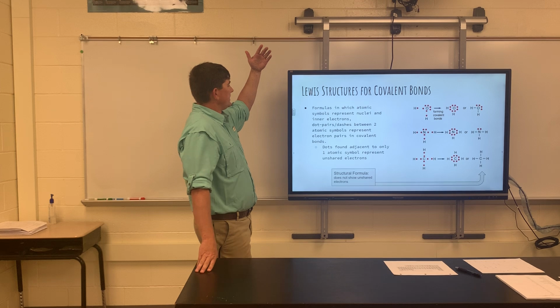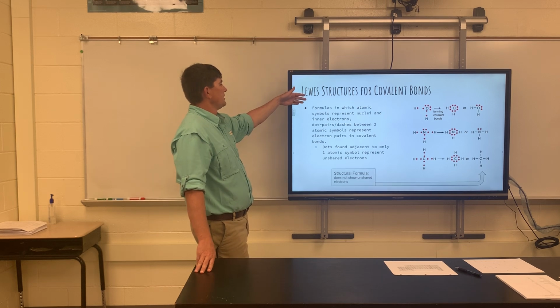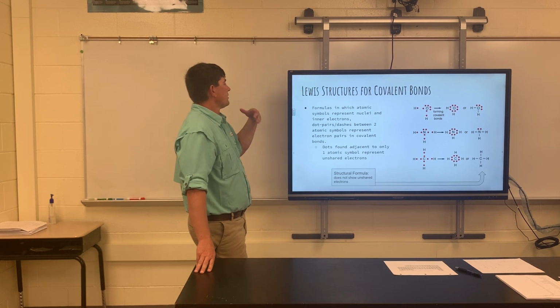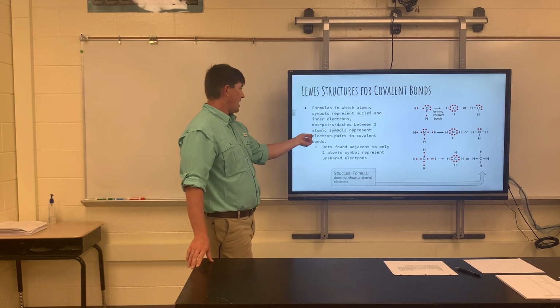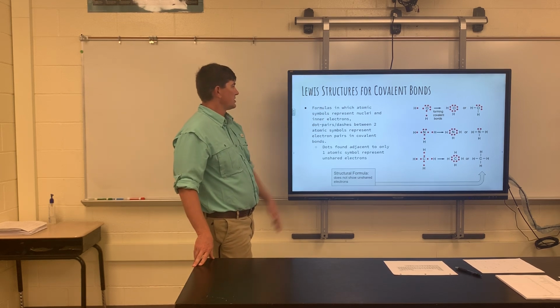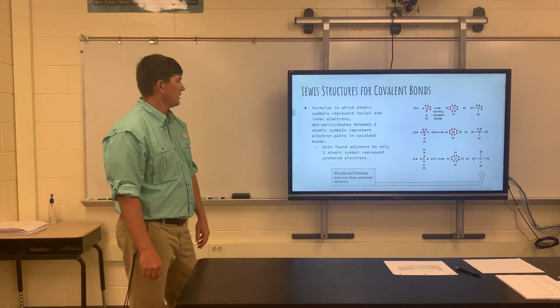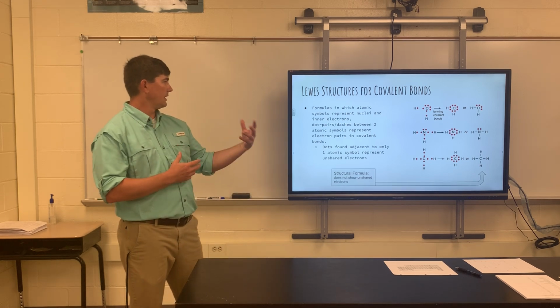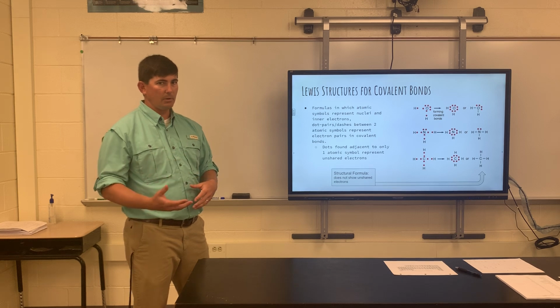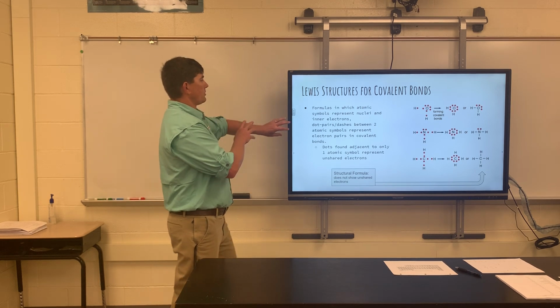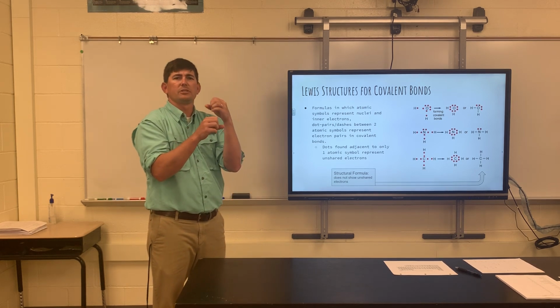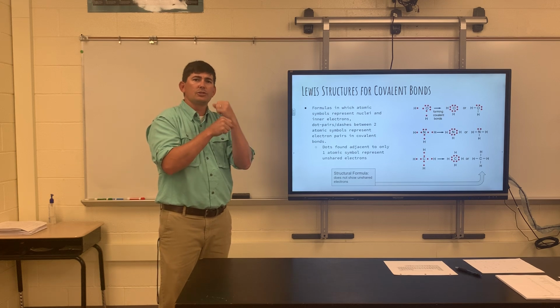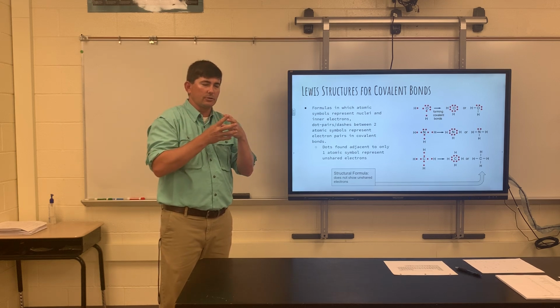All right, so the formulas, in which the atomic symbols represent the nuclei and the inner electrons, and the dot pairs and dashes between the atomic symbols represent the electron pairs in the covalent bonds. So what they're saying is the symbol itself represents the atom, its nucleus, and all of its inner shell electrons.